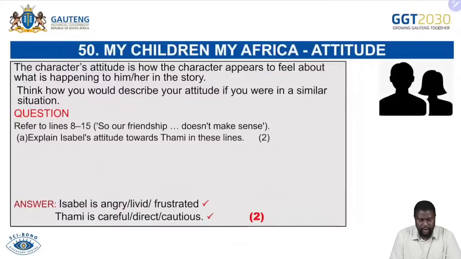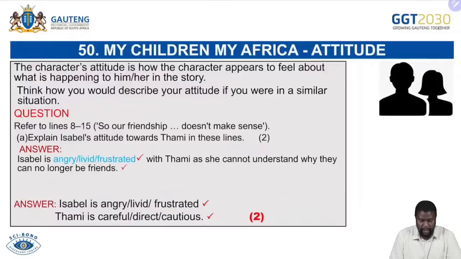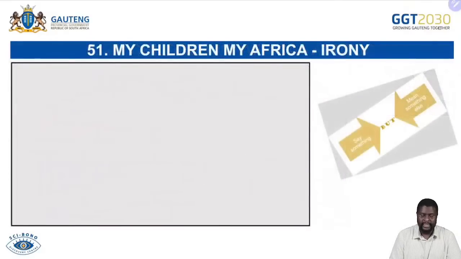Explain Isabel's attitude here. She is angry, she is livid, she is frustrated. Right. State one difference in the attitude of Tammy and Isabel. So Isabel is angry, Tammy is careful and cautious. One is angry, the other is cautious. We should be able to see the difference in the two characters.